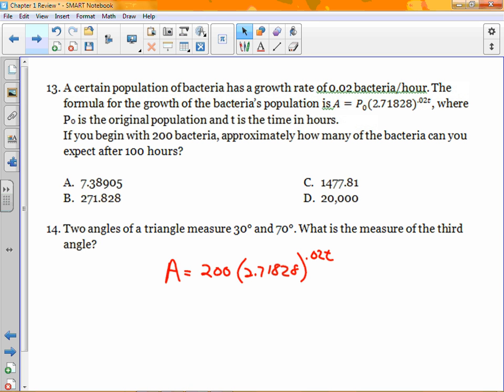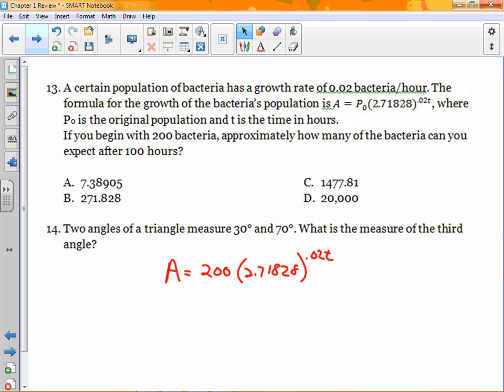200. How do I make this value right here equal to 1? By doing a time of 0. If time is 0, what's 0.02 times 0? So that leaves me 2.71828 to the 0.